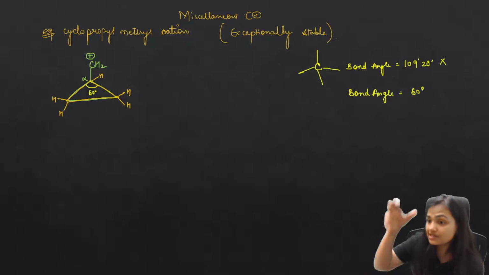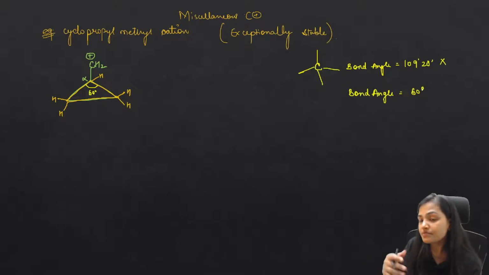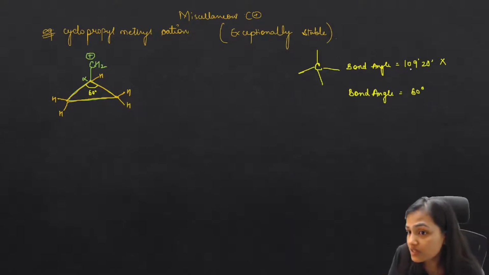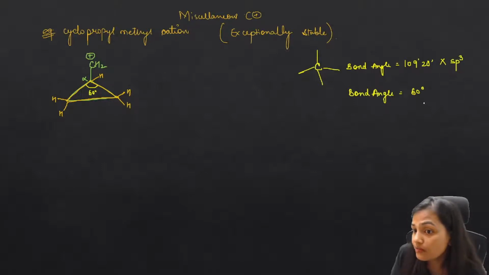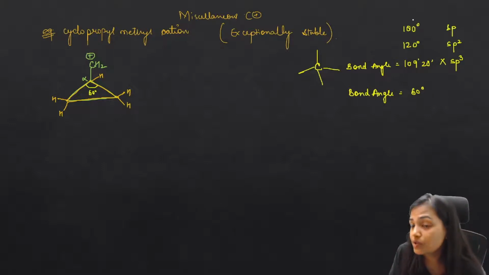For 109 degree 28 minutes, we know the hybridization is sp3. For the bond angle 120 degree, the hybridization is sp2. For the bond angle 180 degree, the hybridization is sp, right?